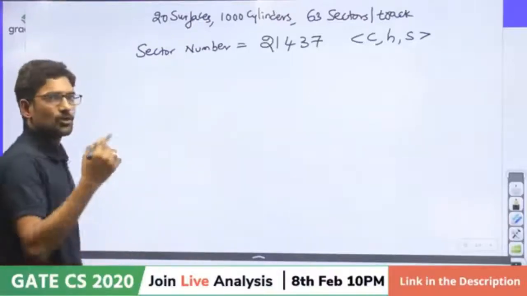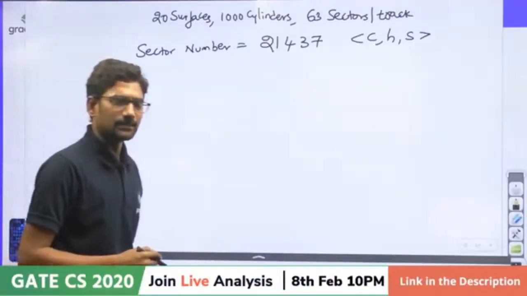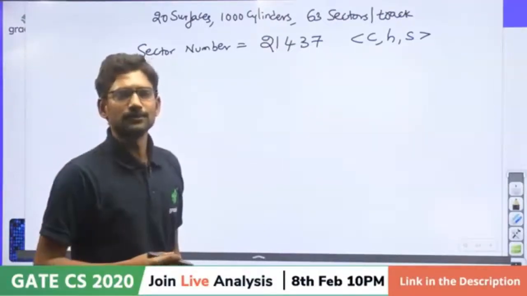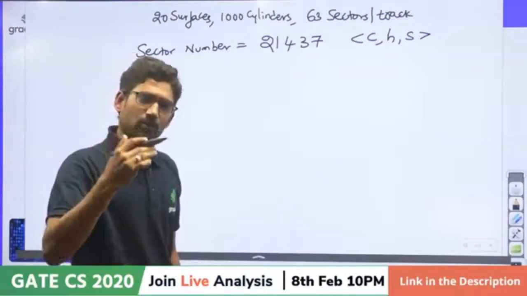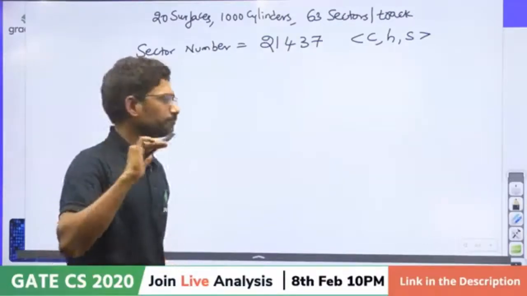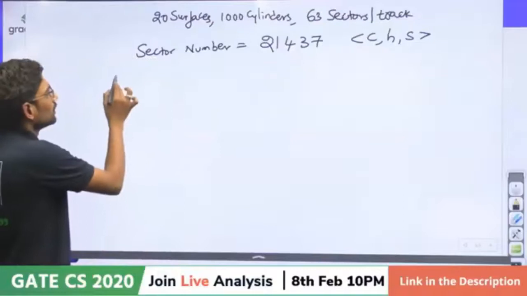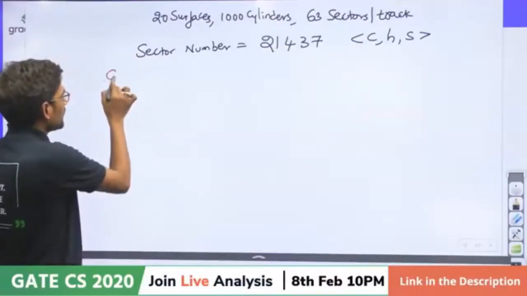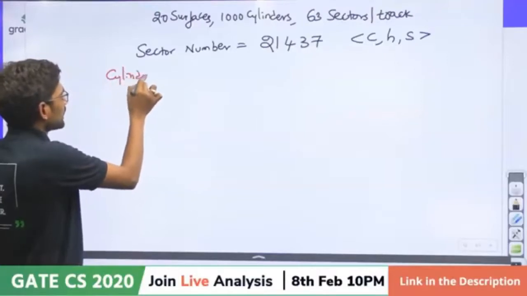Now, those who did not understand the earlier, you may listen. Those who already understood, please go with your solution. Okay? Now, always we should calculate C first. We have just calculated the cylinder capacity.